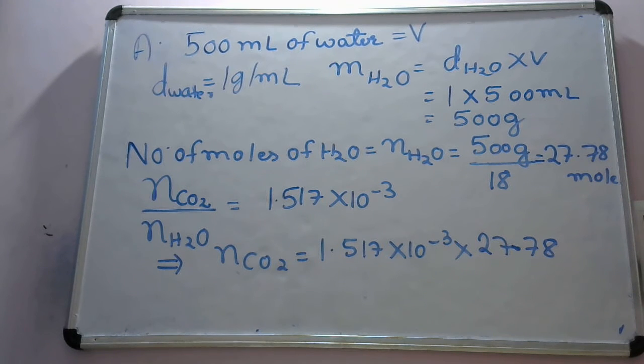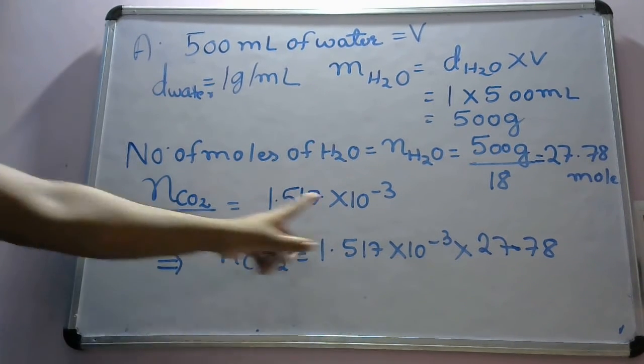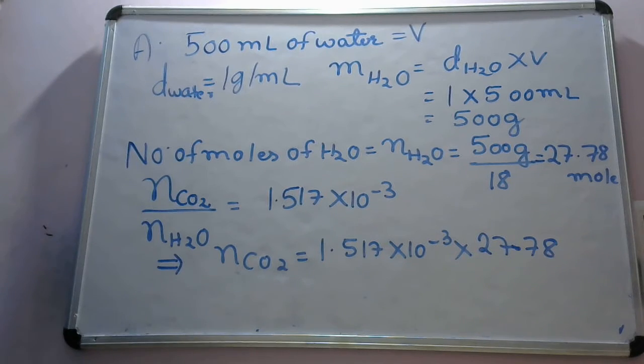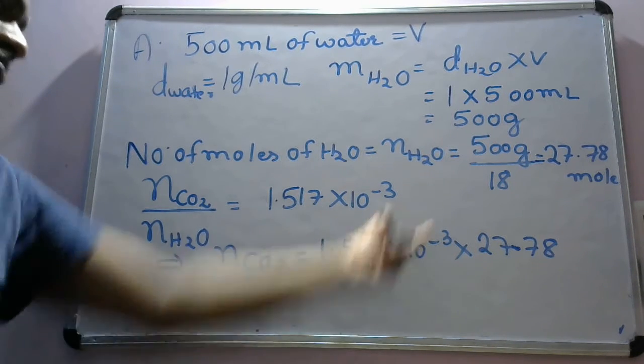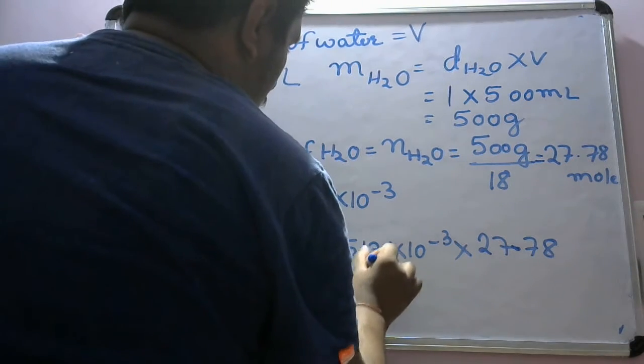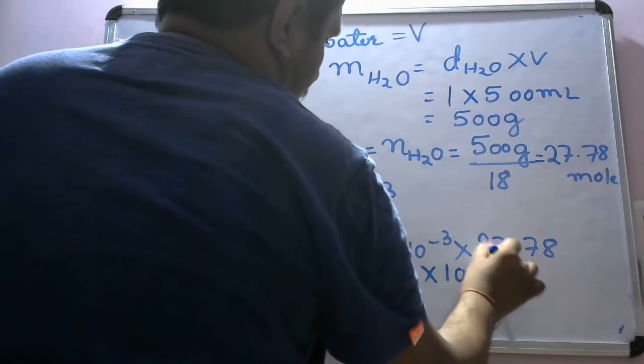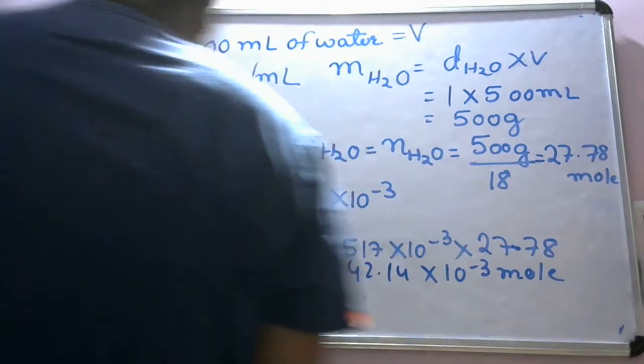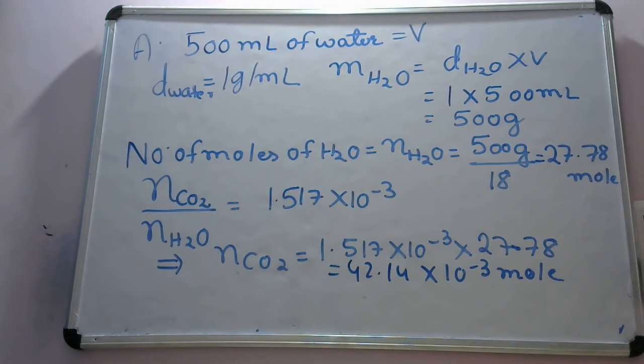So number of moles of CO2 will be this mole fraction, 1.517 into 10 to the power minus 3, into NH2O, cross multiplied. NH2O we calculated, so we just multiplied it. So you will get it to be 42.14 into 10 to the power minus 3 mole. Number of moles of CO2 we got.